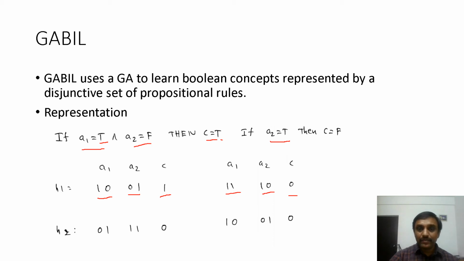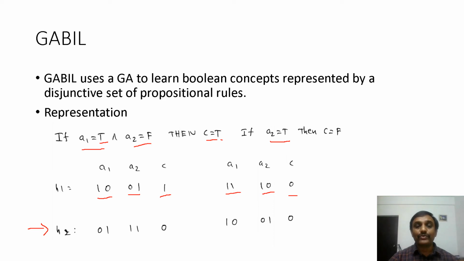The given Boolean function, the if-then rules, we represent in the hypothesis in the form of bit strings. Next, the parent we take directly, that is H2: 0 1 1 1 0 1 0 0 1 0. This is the set we have taken.